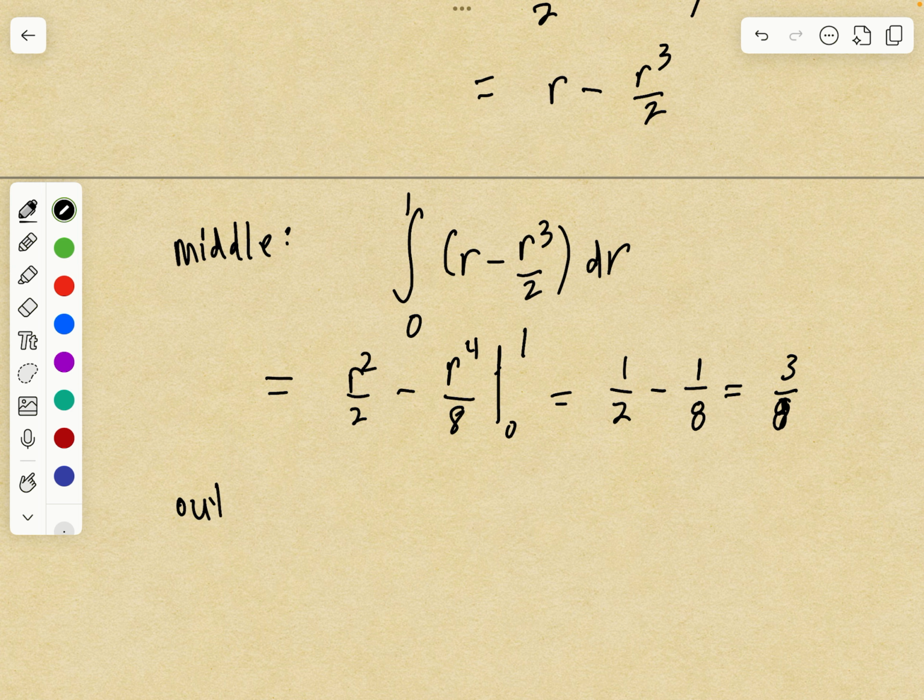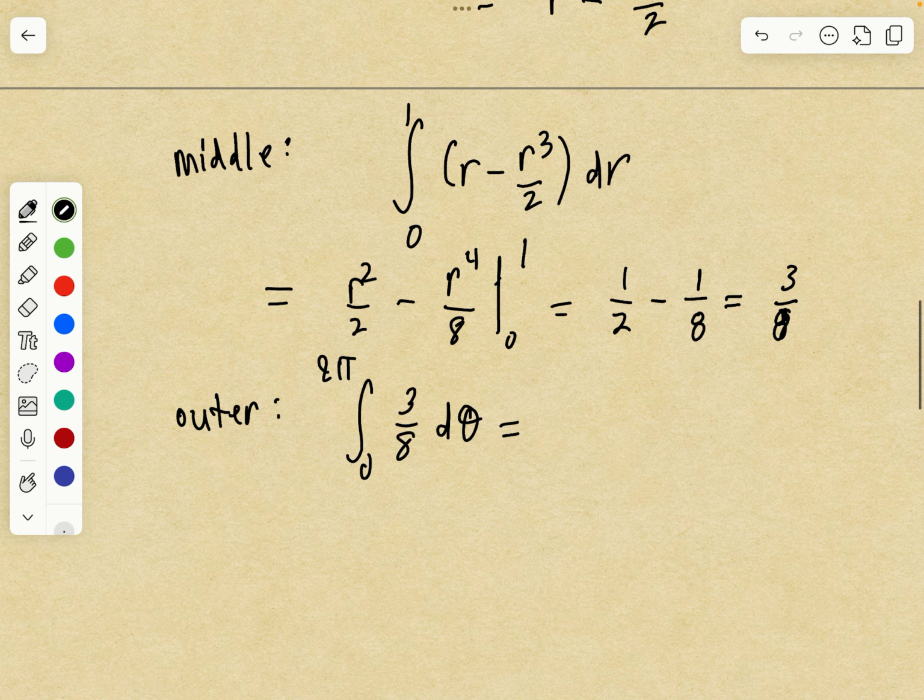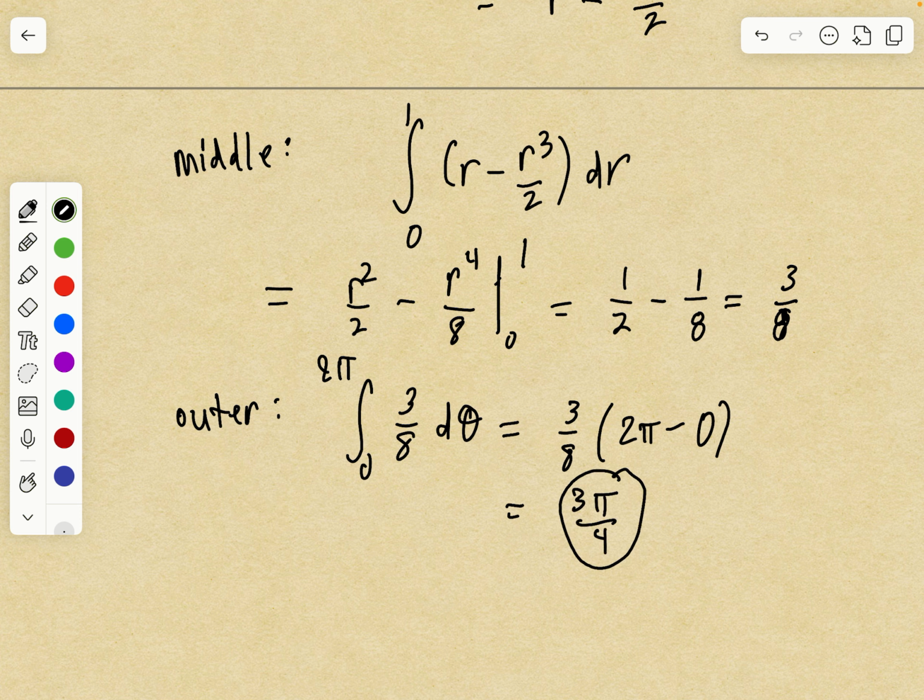And then, since you have a constant, the outer integral is easy. We integrate from 0 to 2 pi, 3/8 d theta, and so you just multiply this constant by the difference, 2 pi minus 0, and this equals 6 pi over 8, or 3 pi over 4. So that's the answer.